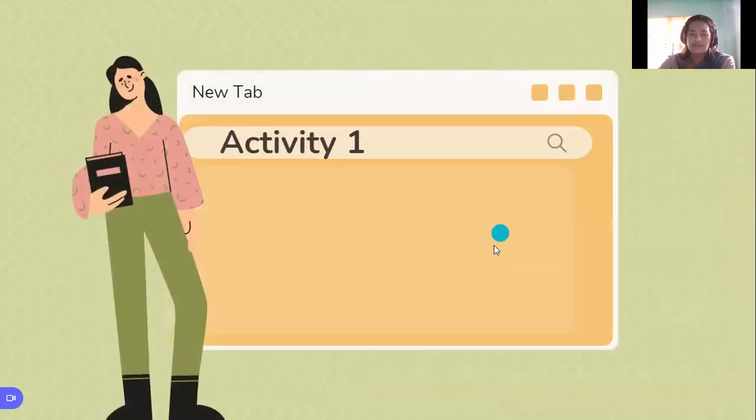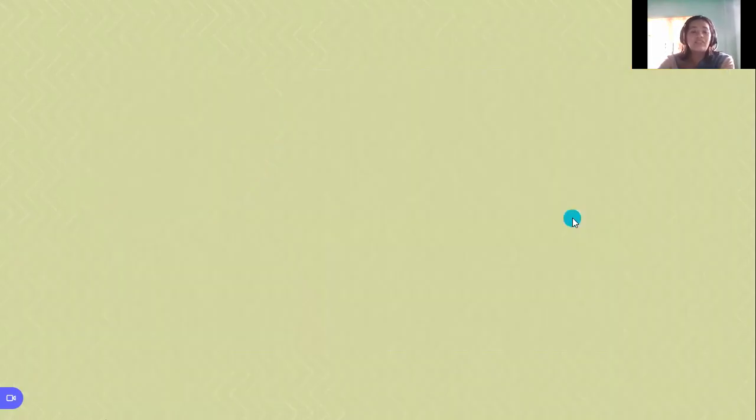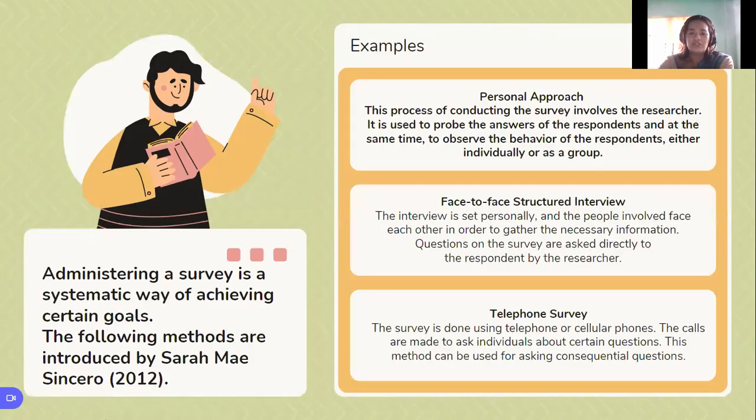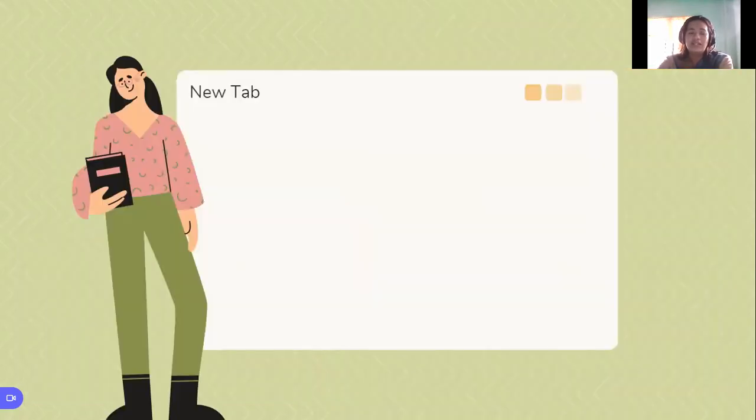Let's try this out. As you analyze the information above, complete the given table with what you think are the advantages and disadvantages of each method. The information mentioned above are the self-administered approach and the personal approach. Here is the table that you can follow to get through the activity.